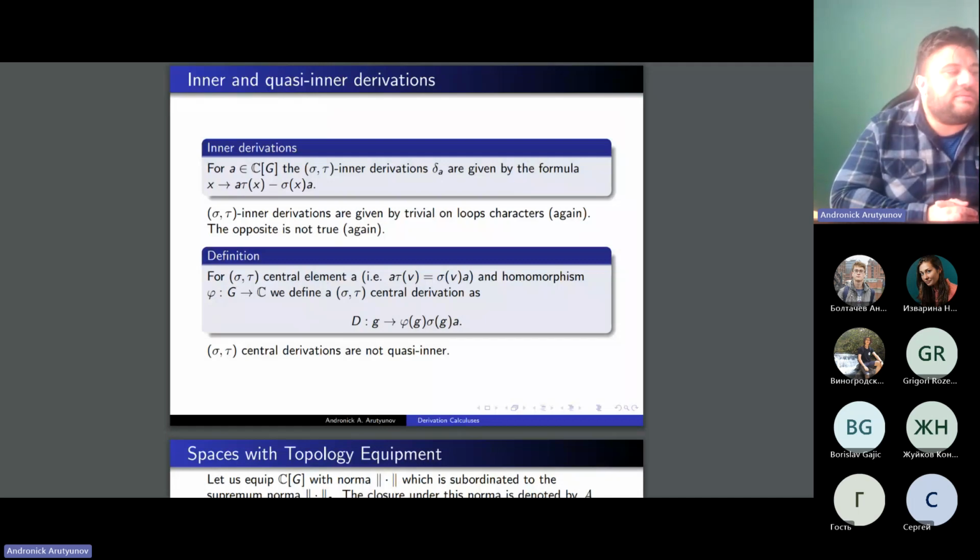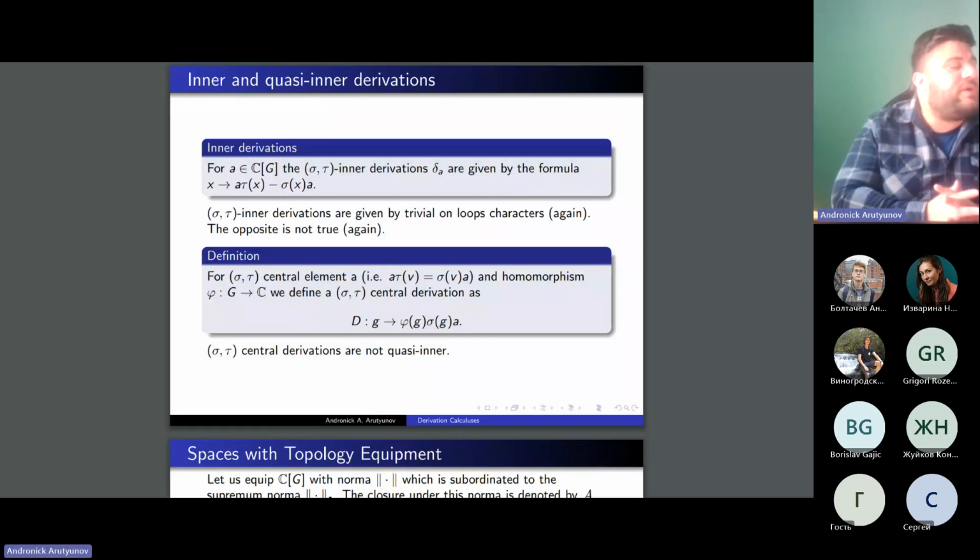By a sigma-tau central element, you can take a homomorphism phi, and then you can define on basis elements a derivation by the formula as it is written. And this is a sigma-tau derivation, and it is not quasi-inner. So you cannot rewrite this derivation as a formal sum of inner derivations. That is a very nice, I think, example, and it's a rather easy example.